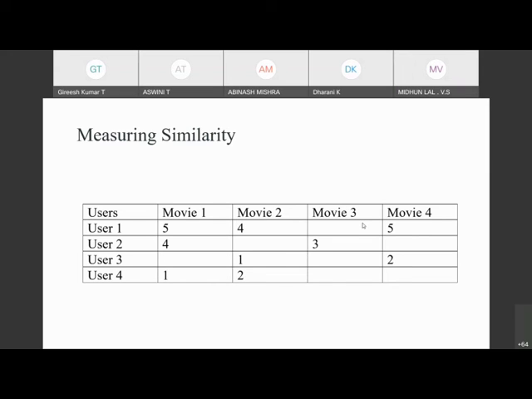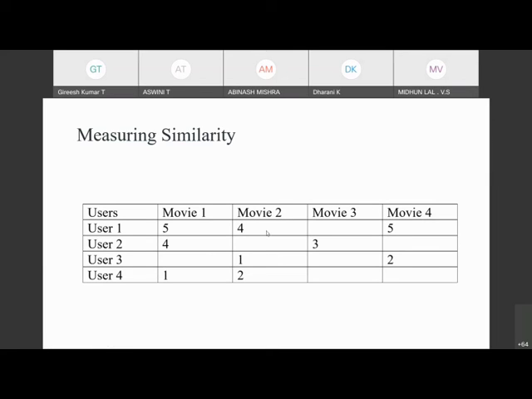Now we can see that for movie 1, user 1 liked it because he has given 5 stars, and user 2 gave 4 stars. That means user 1 and user 2 have similar taste in terms of movie 1. In movie 2, user 1 was given a nice score, that is 4, and user 2 has not reviewed. Movie 3, user 1 has not reviewed, but user 2 gave an average score of 3.